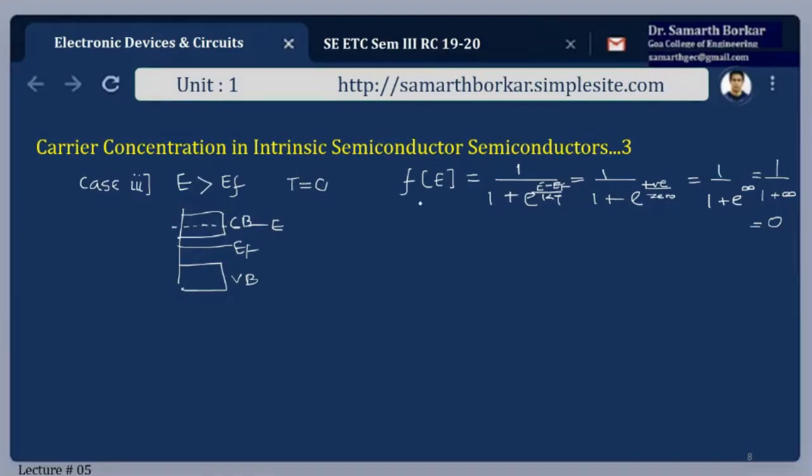Previously, in case 2, when E was less than EF, this value F of E was 1. Meaning we had 100% confidence that electrons will be present at that level. But when I take E very much greater than EF, the probability of having an electron at that energy level E is 0.